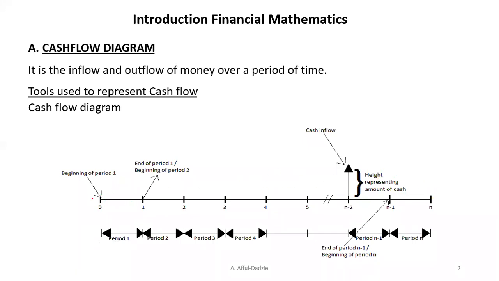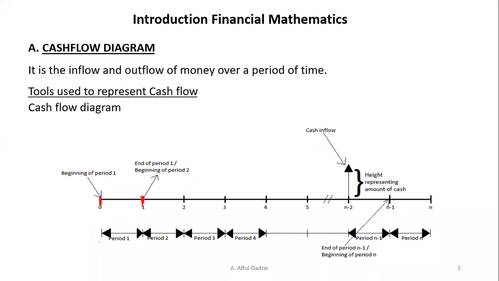Now, on these timestamps or points, period 0 is often the beginning period. Between 0 and 1, we refer to it as period 1. Between 1 and 2, we refer to it as period 2, then period 3, in that order. So this here is the beginning of period 1, and this is the end of period 1.